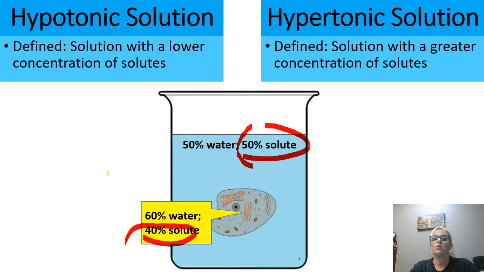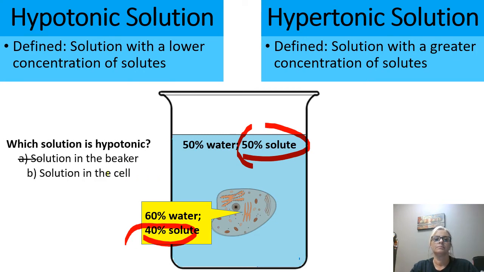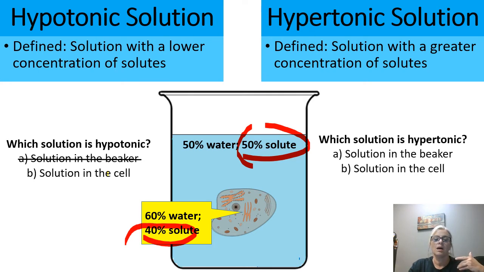So hypertonic would be the solution in the beaker, and the solution in the cell is the one that is hypotonic. It has less solute.